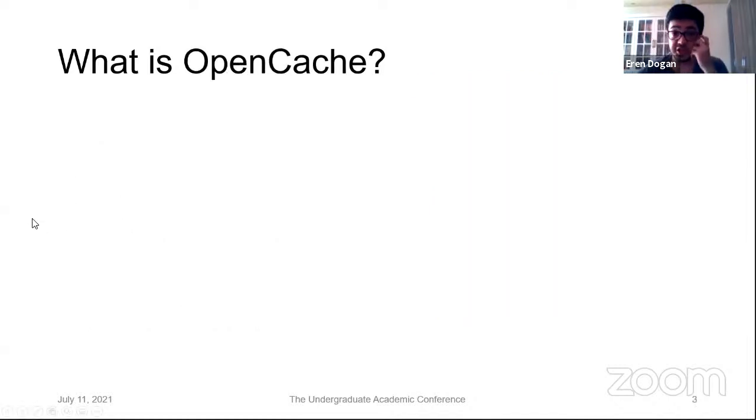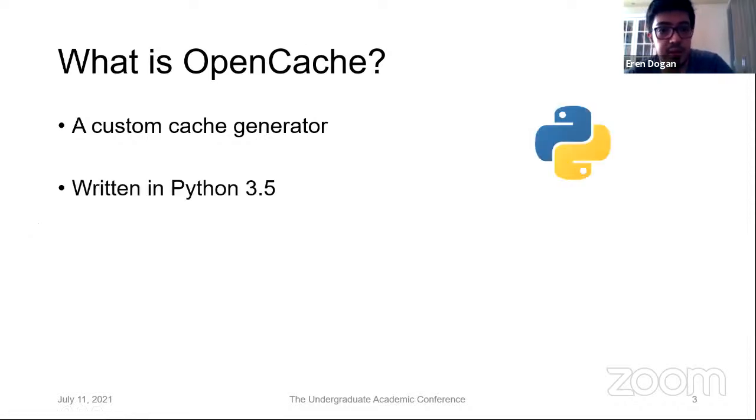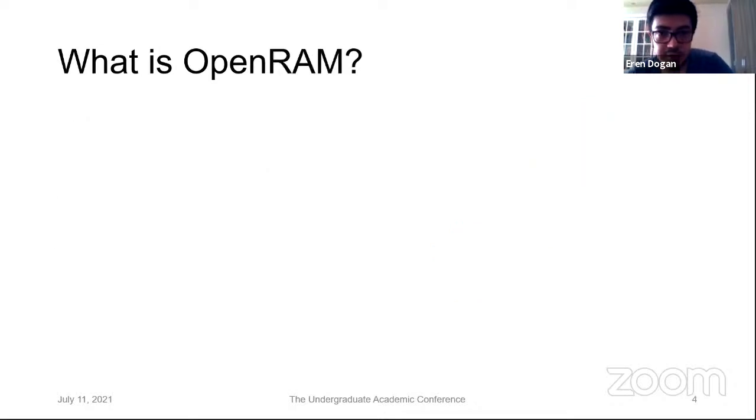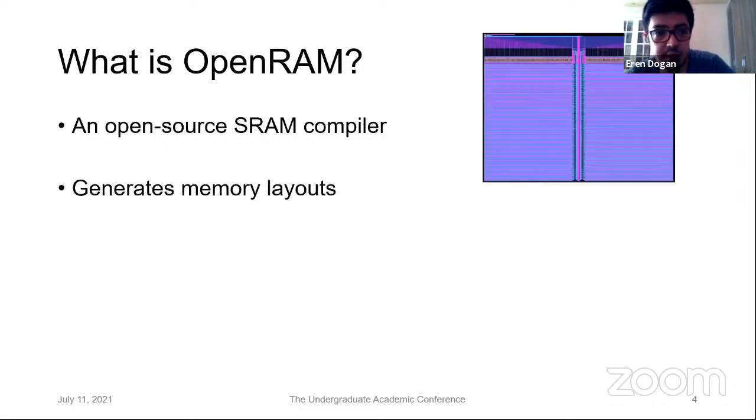So what is OpenCache? OpenCache is a custom cache generator. It's written in Python. It's open source software, and it cooperates with OpenRAM. So what is OpenRAM? OpenRAM is an open source SRAM compiler. The word compiler is a little bit vague here.